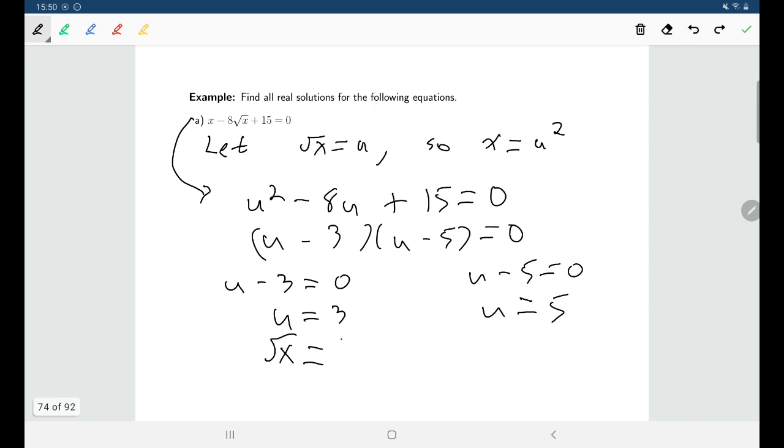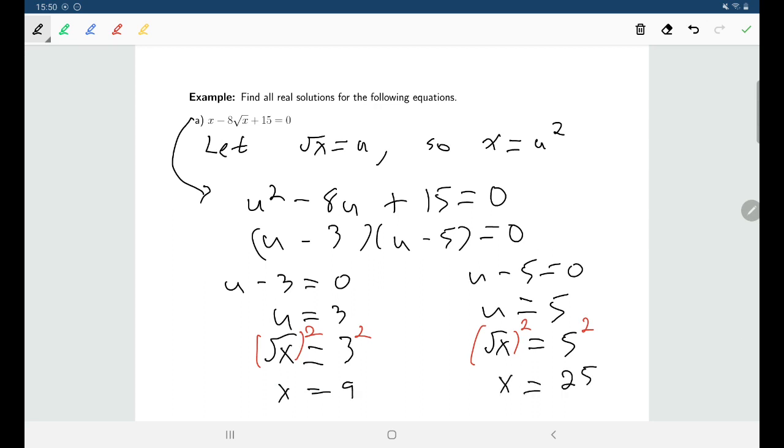And instead of u is 5, I could say square root of x is 5. And now I can solve for what x is by squaring both sides. This is another little warning, of course. If we're squaring both sides anytime in our lives, we should be checking our solutions to see if they are extraneous or not. So I find two values for x, one value being 9 and one value being 25.